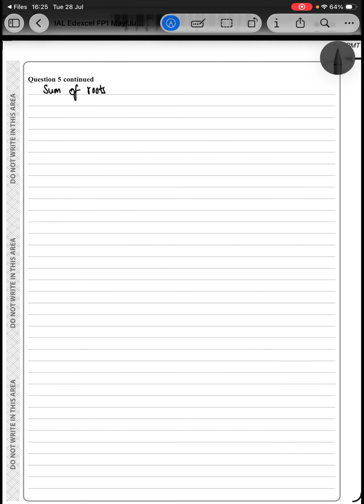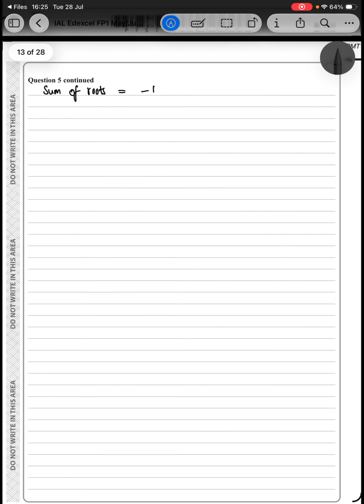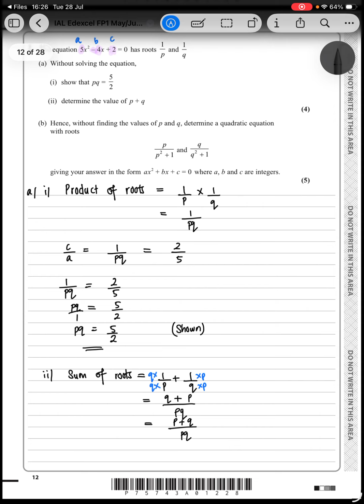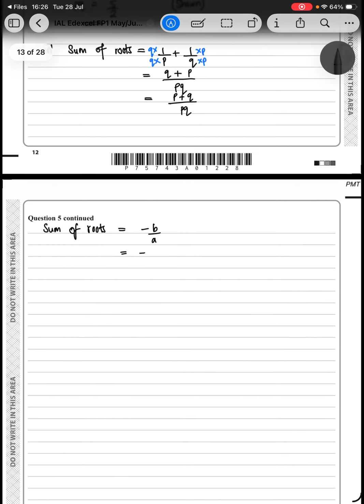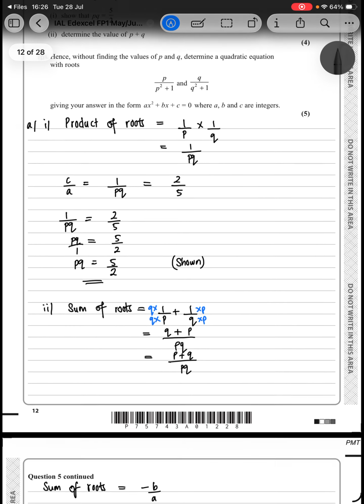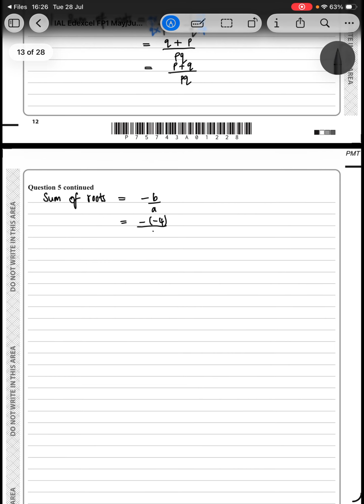Sum of roots is equal to minus B over A, which is also directly given from the textbook. So minus B, as we noted down earlier, B is minus 4, so we put it within brackets, over A is 5.